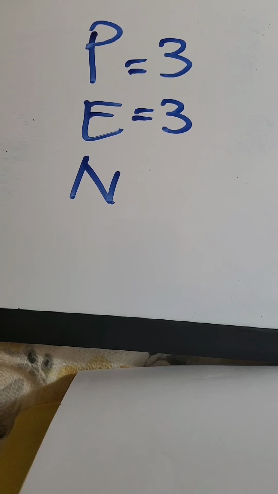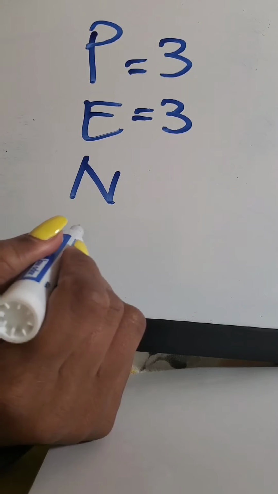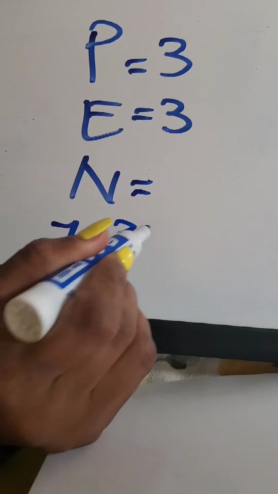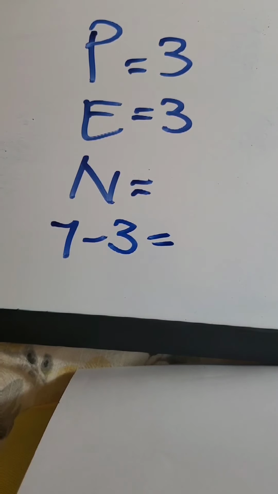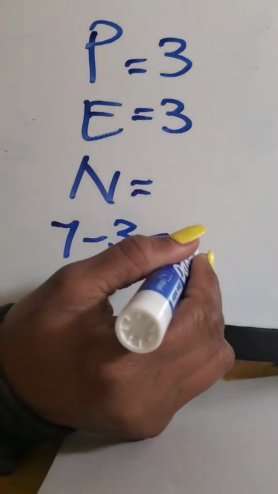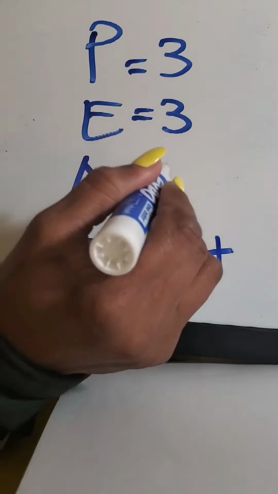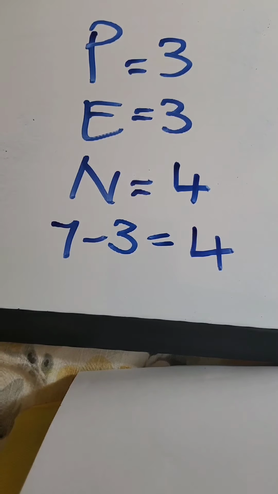So we have to subtract our atomic number, which is 3, from our mass number, when rounded off, is 7. And we subtract that, and we should get an answer of 4. 3 from 7 is 4. So therefore, our number of neutrons will be equal to 4.